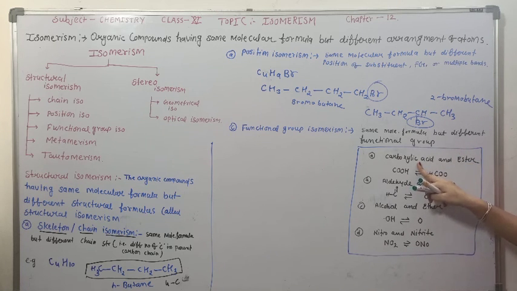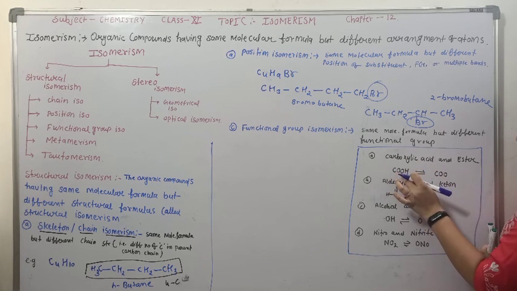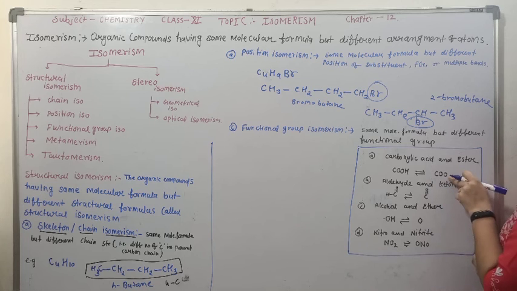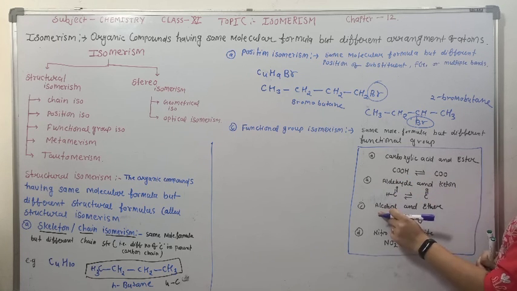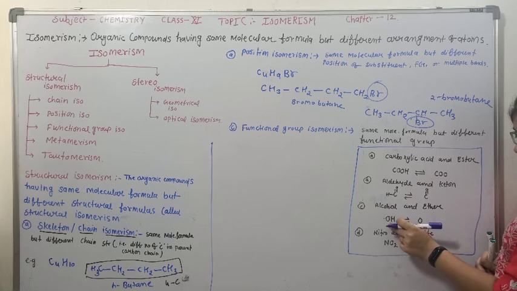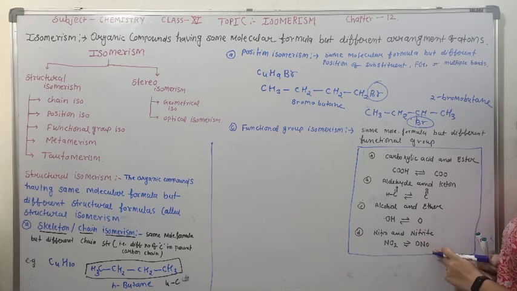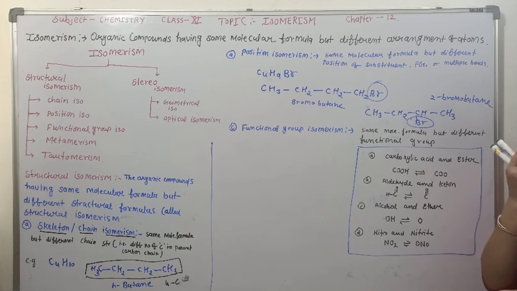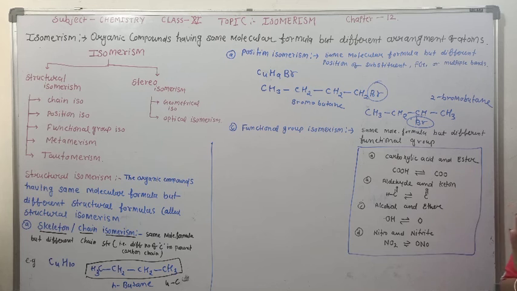Carboxylic acid and ester both have C double bond O, single bond O. Aldehyde and ketone, CO. Alcohol, OH, and ether, O. Nitro, NO2, and nitrite, ONO. So these are functional groups which are similar to each other in formula. So functional group isomerism means compounds having the same molecular formula but different functional groups.